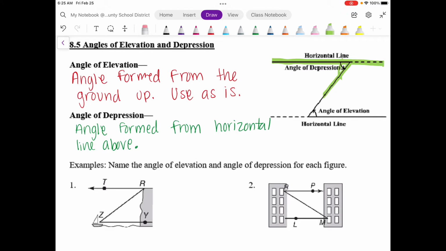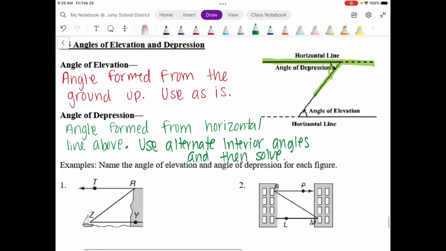So from the top down, it's going down, angle of depression. And so in this case, we are going to have to use alternate interior angles and then solve using the angle.